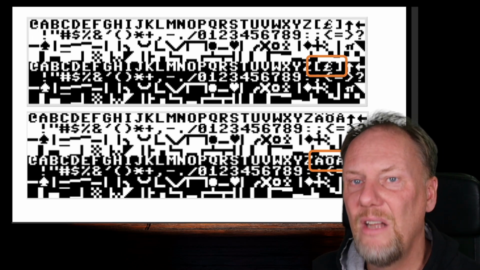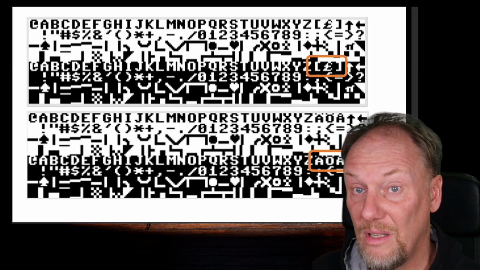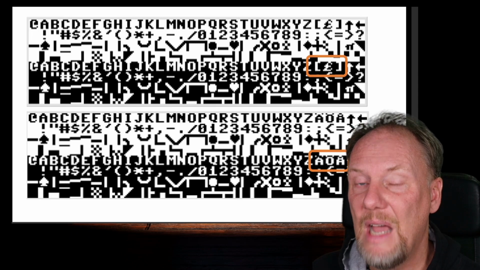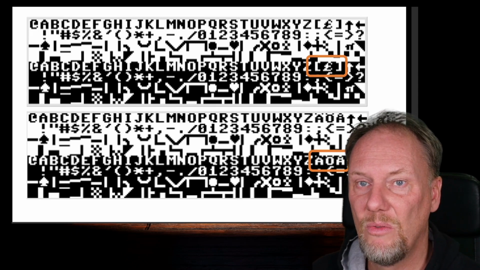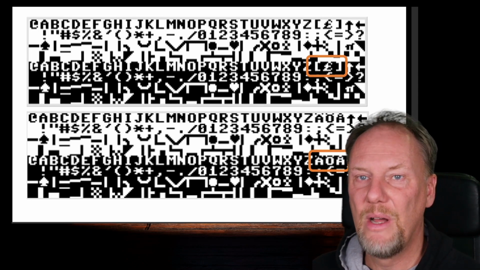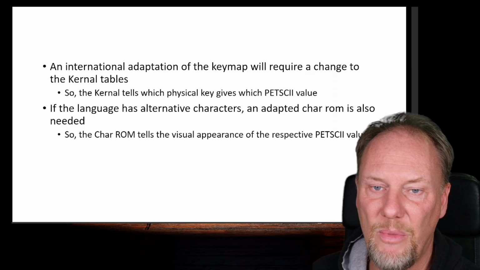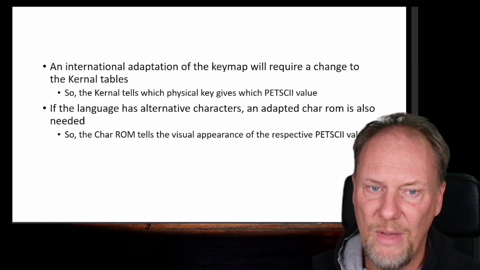You needed to hijack a few of the original characters in the original character ROM and make national variants and poke them into the character ROM, and then also ensure that they corresponded to the right key by having that in the key map. So international adaptation used 2 methods.